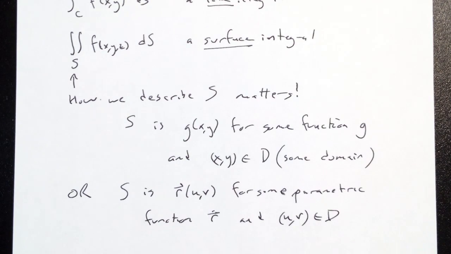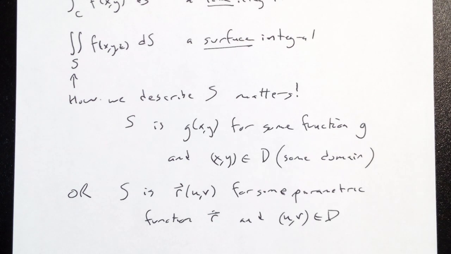So now it depends on whether I'm describing my surface as a function of two variables, or I'm describing it parametrically, again, as a parametric function of two variables, because that changes the way we write dS.